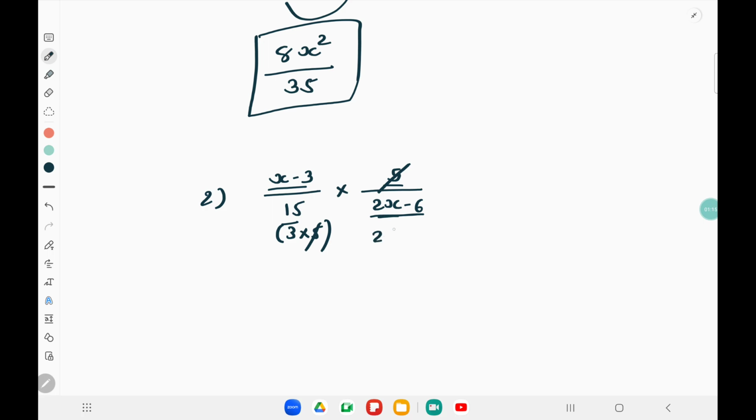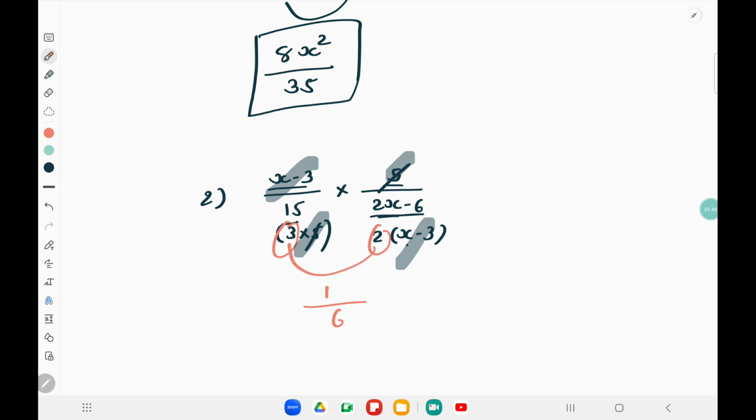So if I factorize it, it gives me 2 times x minus 3 inside the bracket, and 3x common. Here this bracket and this bracket are common, so we can cancel down this one and this one. So what remains is this 3 and this 2, and at the top nothing remains, so I will write the 1 over 3 times 2, which is 6.